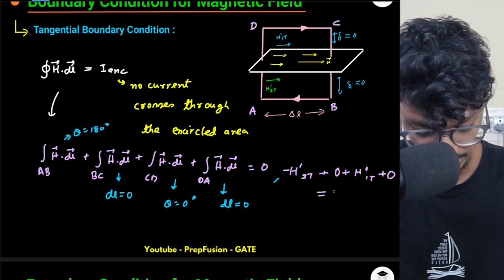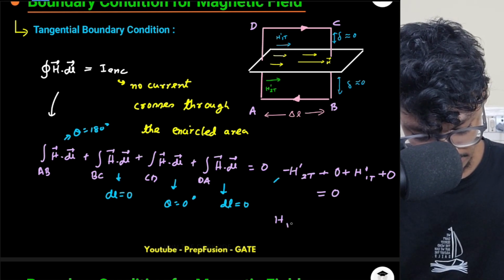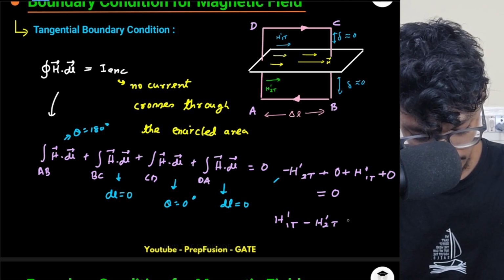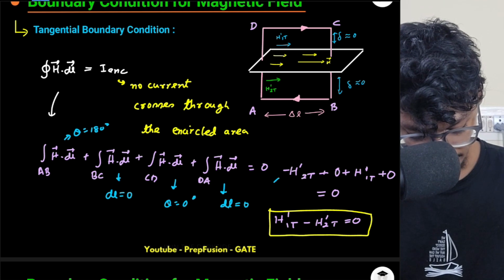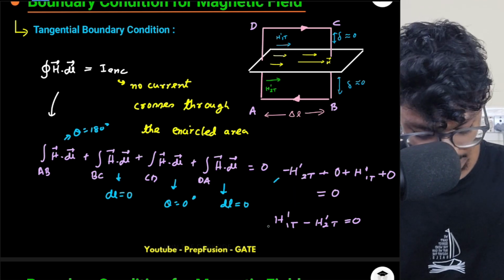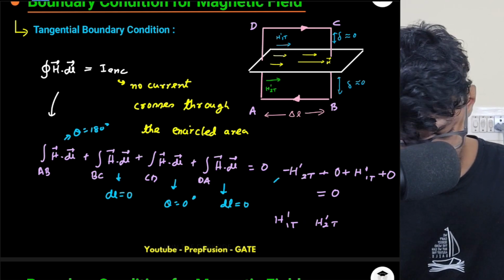It is simply because the angle is 0, and cos 0 is 1. So I get my first condition that H dash 1t minus H2 dash t is simply equal to 0. So I can write that both of them are equal, basically.